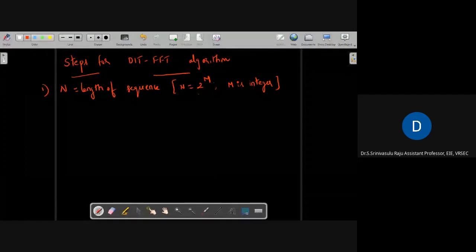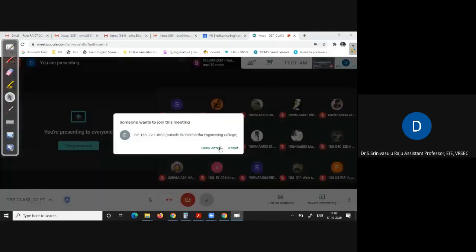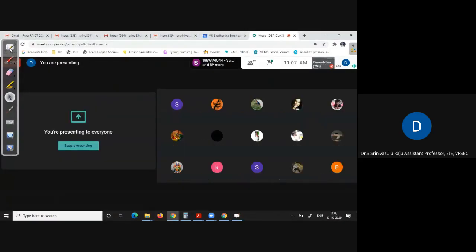Then we call it a radix 2 DIT FFT algorithm. That is the first step.